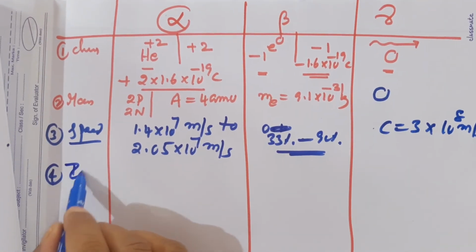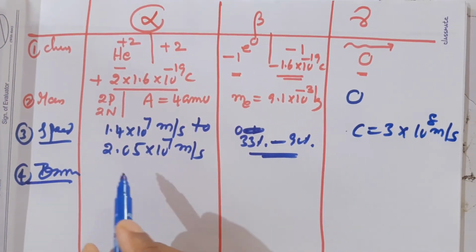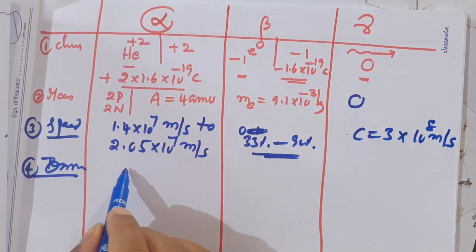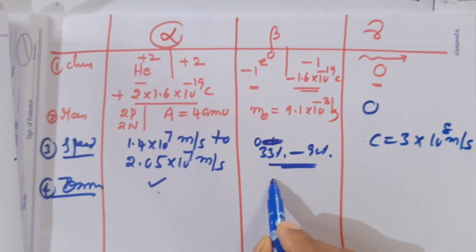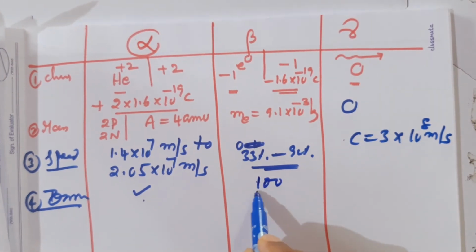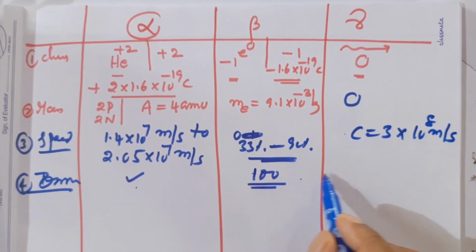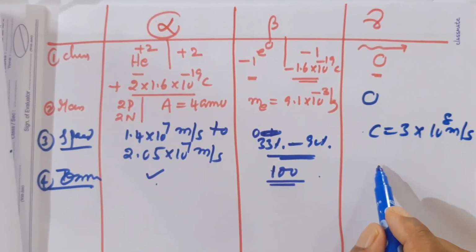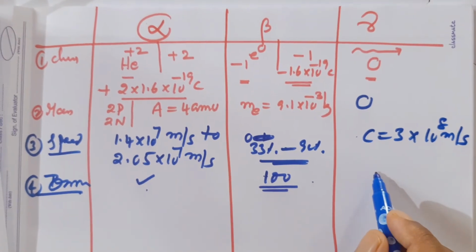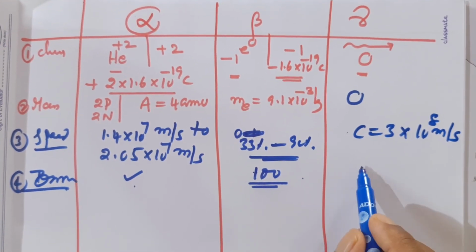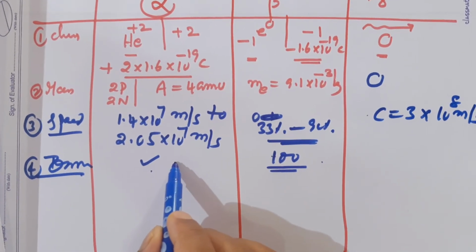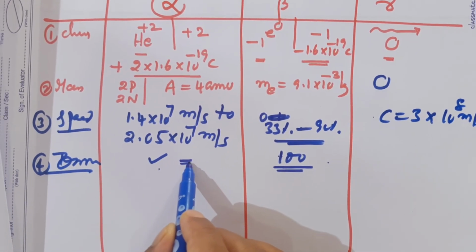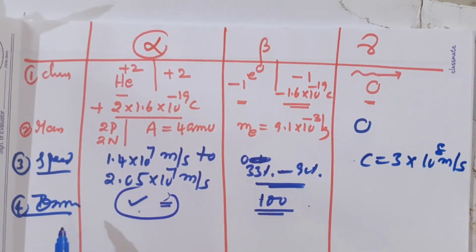Next, ionization power. Alpha particle has the more ionizing power. Compared to the alpha particle, beta's ionizing power is 100 times less. And compared to beta particles, gamma rays have less ionizing power, 1 by 100 of the ionizing power of beta particles. Because alpha particle has more charge, therefore its ionizing power is also more.